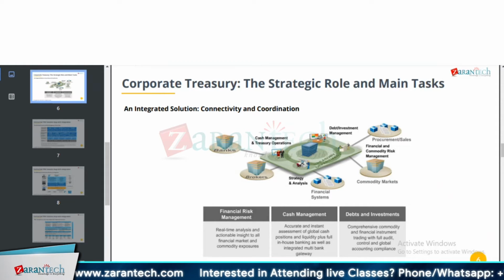When multiple parties are involved in these markets and financial risk management, there are different types of risk associated, which need real-time analysis and insight into how the financial markets and commodity exposures are reacting, so that we can make the respective decisions accordingly.